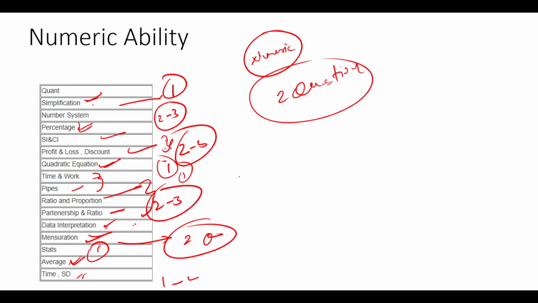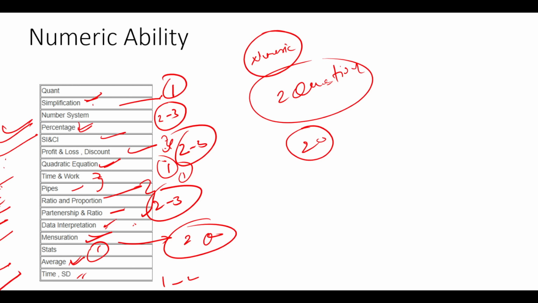So something like this they asked this year in TCS NQT out of 20 questions. Majorly, the most important topics are percentage, SI and CI, profit and loss, mensuration, average, time, speed, distance. These are the arithmetic topics, very important. Then time and work, ratio, proportion, partnership, and pipes.